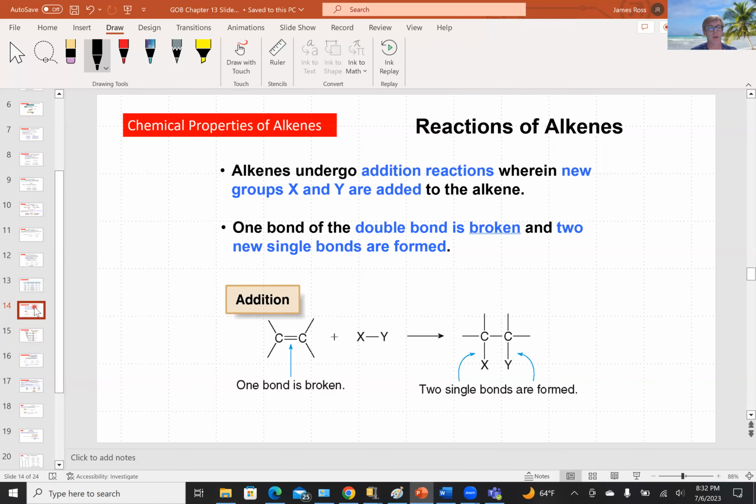So the chemistry of alkenes is a bit more fancy than the chemistry of alkanes because we have a new fancy feature, right? We have this double bond. This double bond is a region of electron density, and it's going to attract things that like electrons. So for example, you can add X and Y to the double bond in what's imaginatively called an addition reaction.